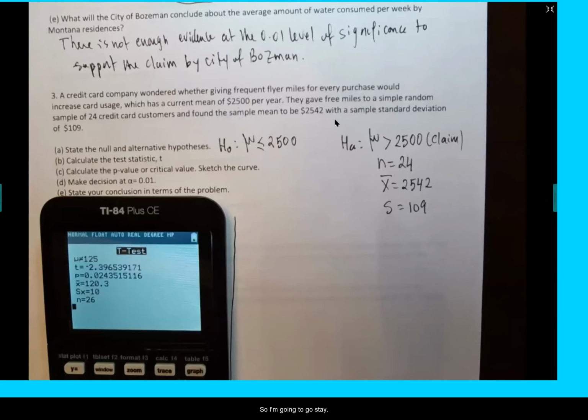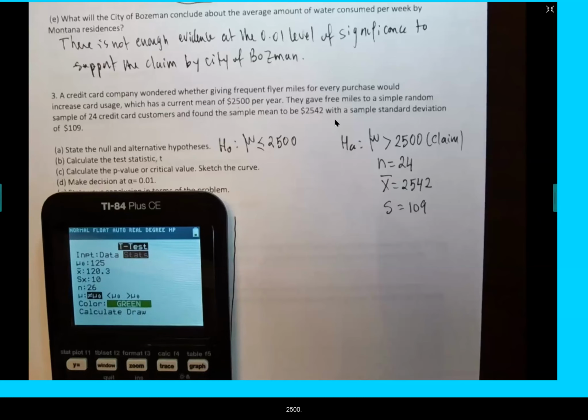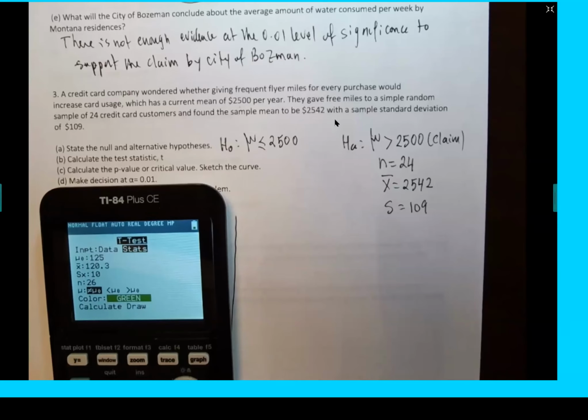So I'm going to go stat, tests, t-test, and watch. Mu 0 is 2500. X bar is 2542. What do you think, guys? Is 2542 a lot more than 2500? Do you think that people are increasing their usage?